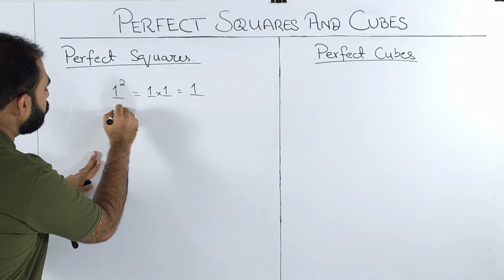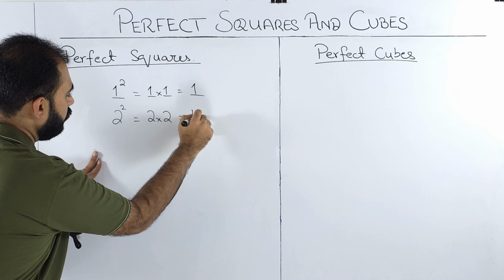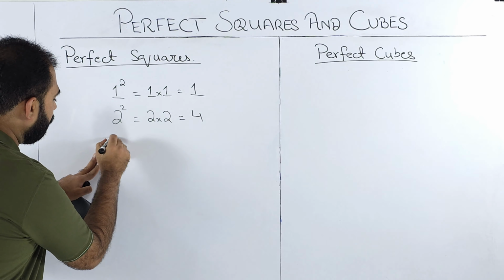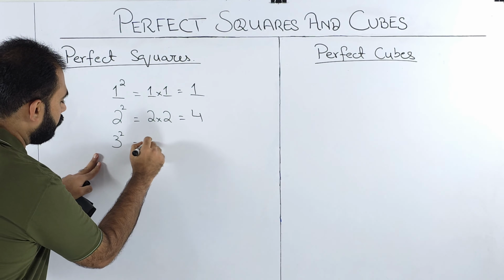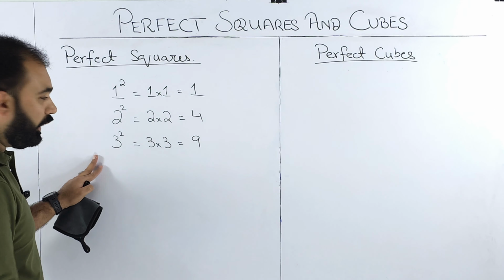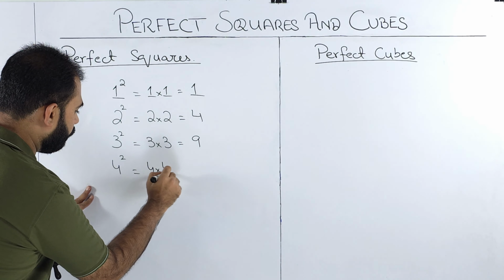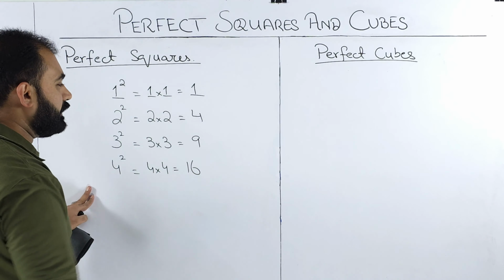I'll take 2 square, 2 multiplied with 2, that is 4. I take 3 square, 3 multiplied with 3, that gives me 9. I take 4 square, 4 multiplied with 4 gives me 16.